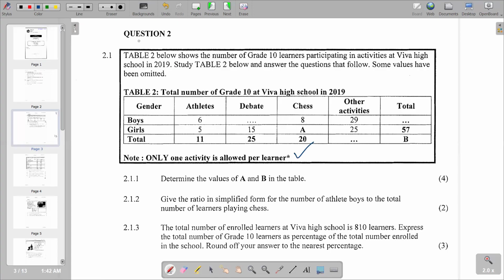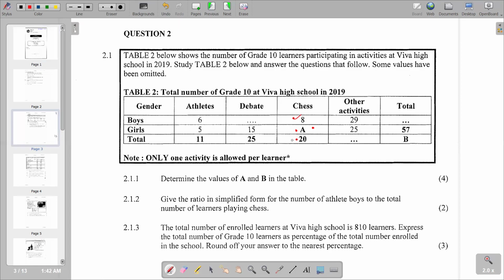in the table. We start with determining A. From what we are seeing, 8 plus A gives you 20.